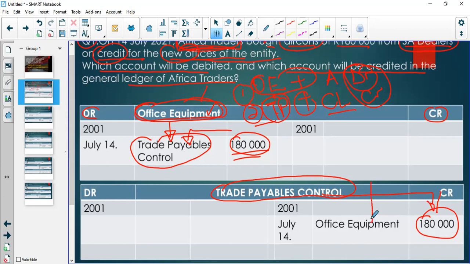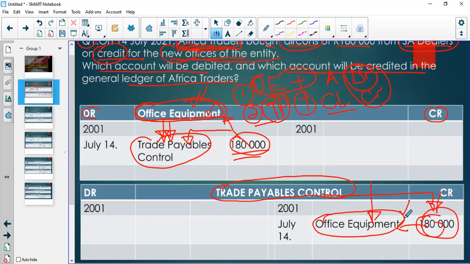And the contra account will then give us the other account where the debit entry was made. Correct. Remember, we made a debit entry in office equipment. So they cross-reference one another to complete the double entry to say we acquired office equipment on credit, and we owe some people 180 as a result.